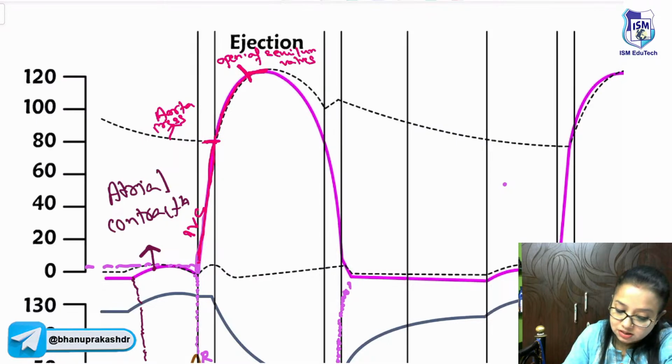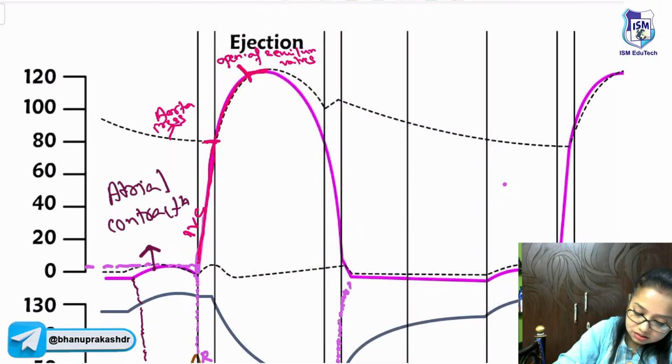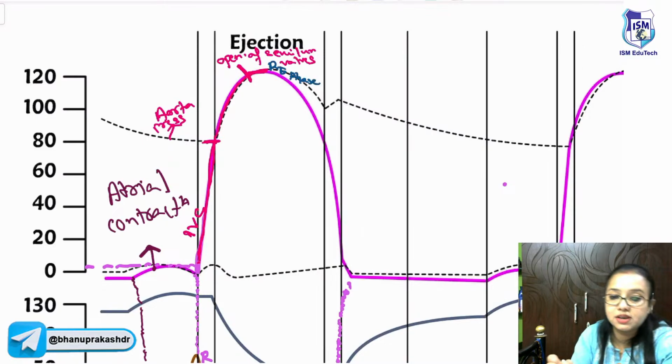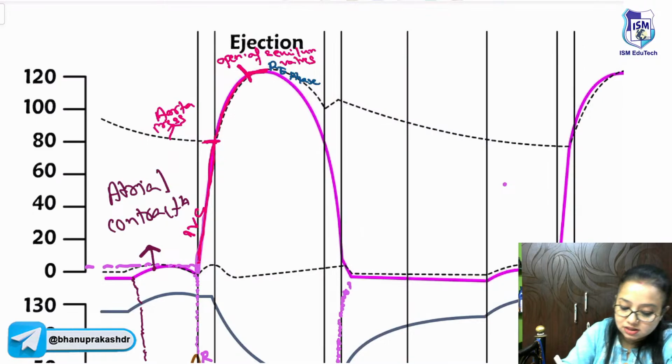Once the semilunar valve is opened, what follows next is the rapid ejection phase. At the peak, it is the rapid ejection phase. As soon as the rapid ejection phase is over, a lot of blood has gone out of the ventricle.